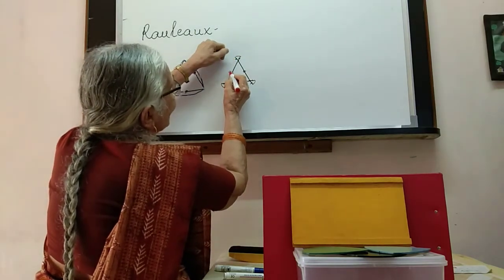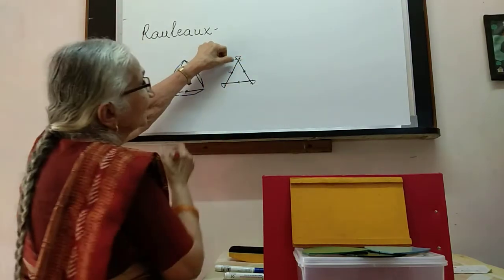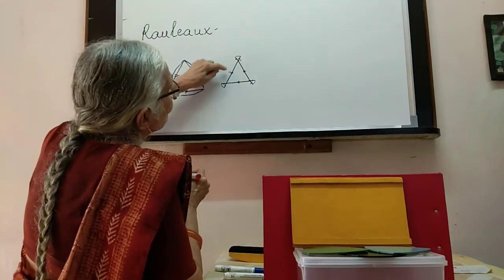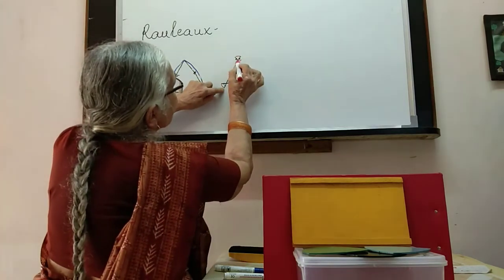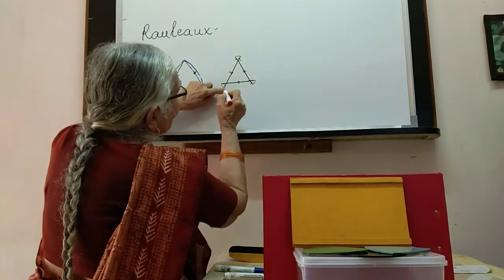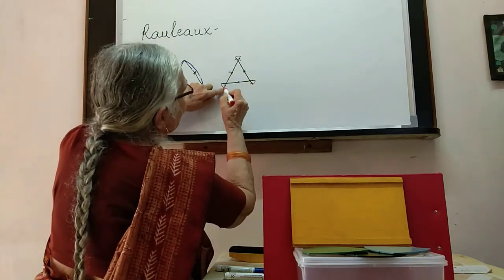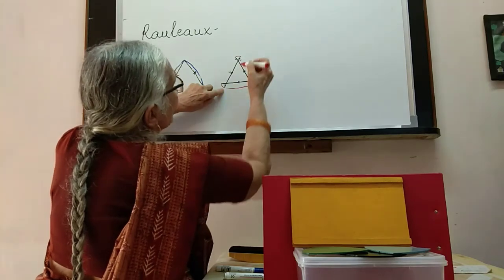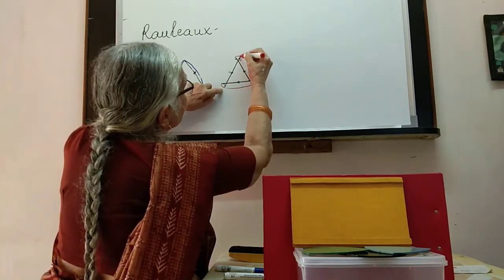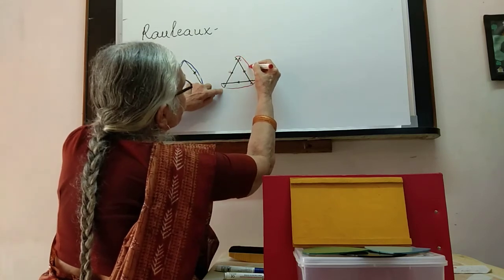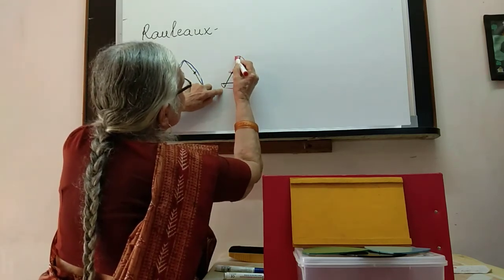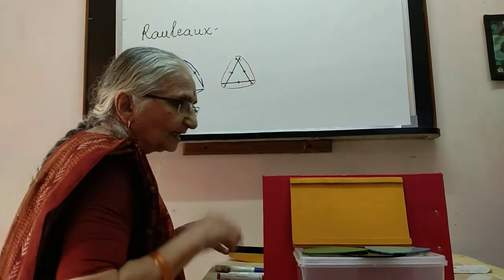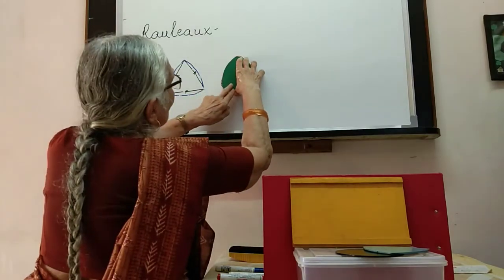If we call this A and this length B, extended length B, and the length of the side is A, then this is also B. So this is A plus B. You take this as center, one vertex, A plus B as radius. This is also A plus B, so it will pass through this. Similarly with this as vertex and A plus B radius, and third thing here. And now you will see that this is our Roulette triangle.